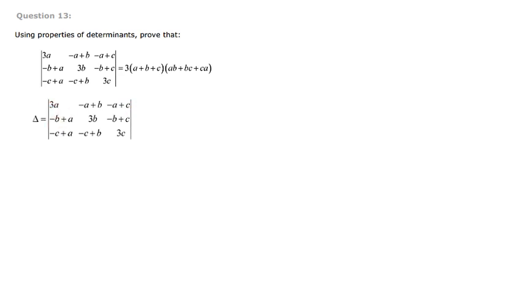Next, minus b plus 3b is 2b, 2b minus b is b, plus a plus c, that means this element is also a plus b plus c. And the third element, minus 2c plus 3c is c, plus a plus b, that is this term also a plus b plus c, means a plus b plus c we can take common from C1. So let's consider that operation.